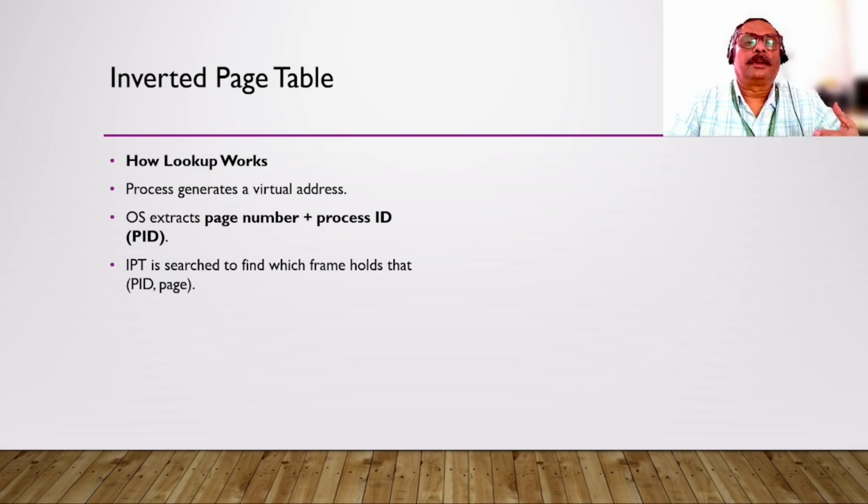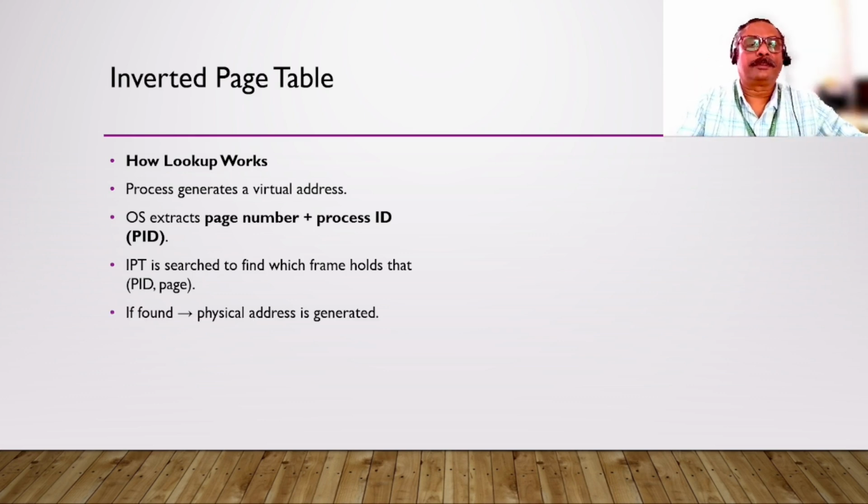And this inverted page table is searched to find which frame holds that PID-page pair. So for every frame we have an entry which says which PID and which page is stored in that particular frame. We just search that, and if we find it, the physical address is generated.